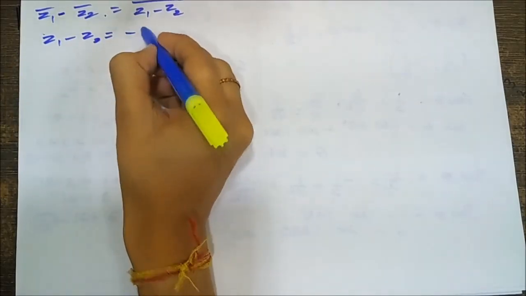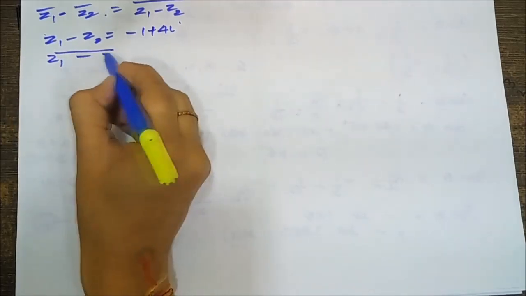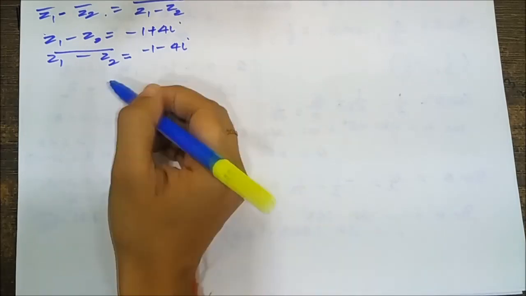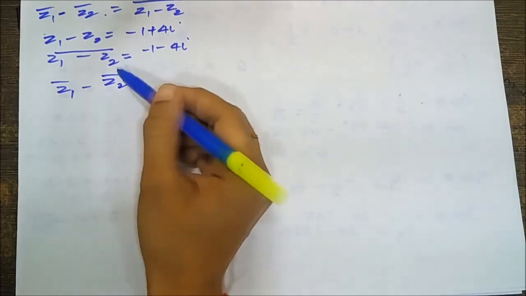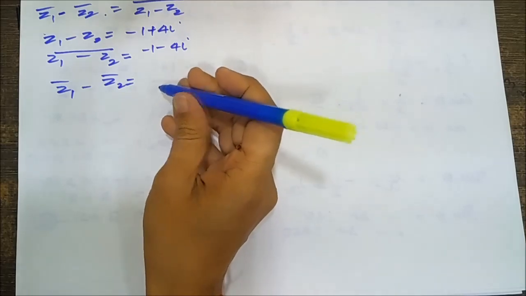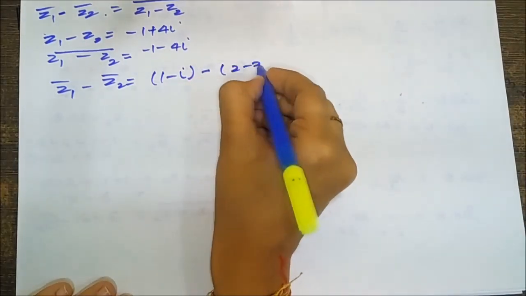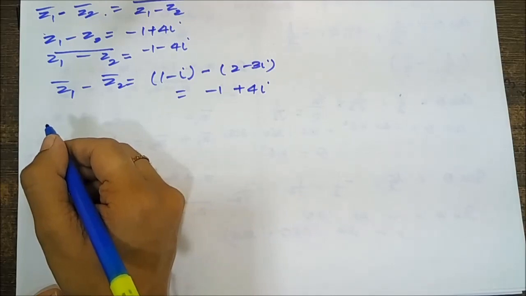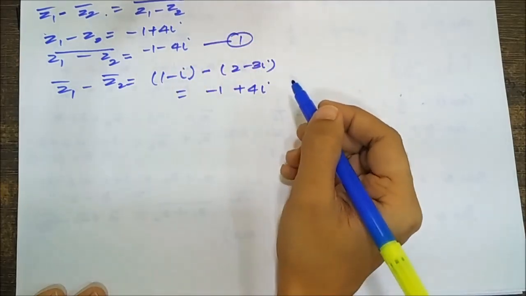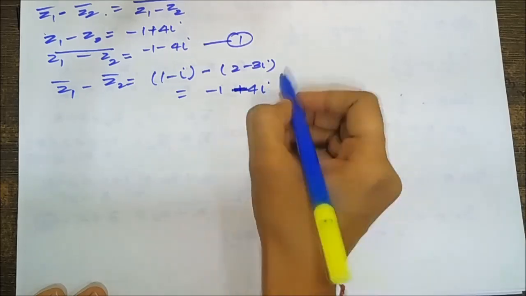So z1 minus z2 is equal to minus 1 plus 4i. z1 is 1 minus i, z2 is 2 minus 3i, that is minus 1 plus 4i. Your sign will change, so this both is same.